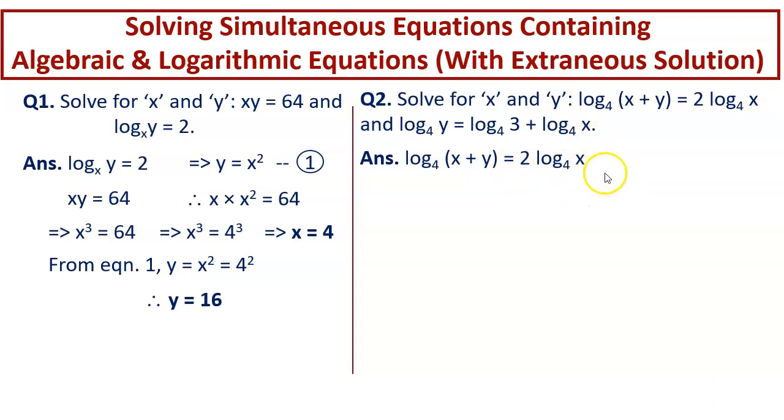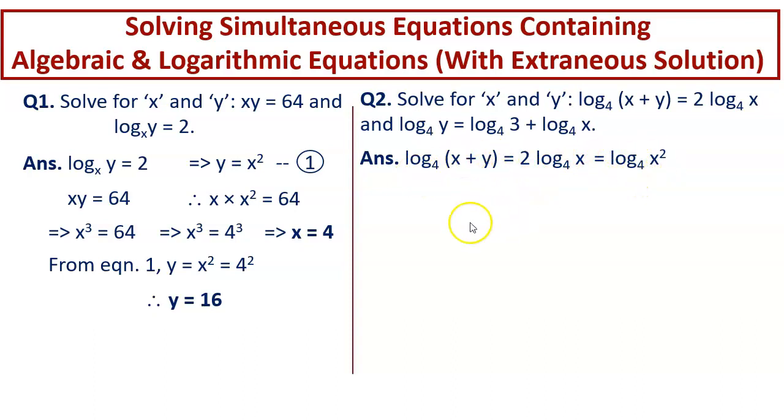So that is what we will be doing over here as well. And it becomes log of x to the power of 2 to the base 4. And now we are having log to the base 4 on both sides of the equal to sign.